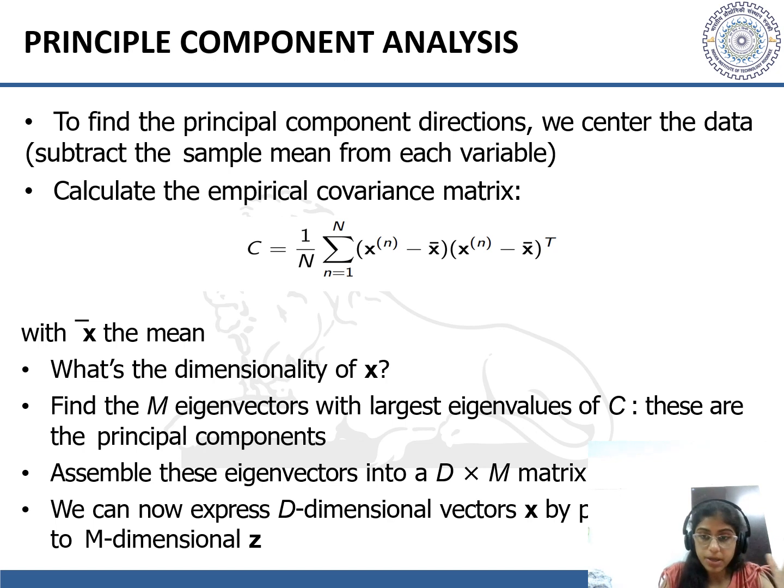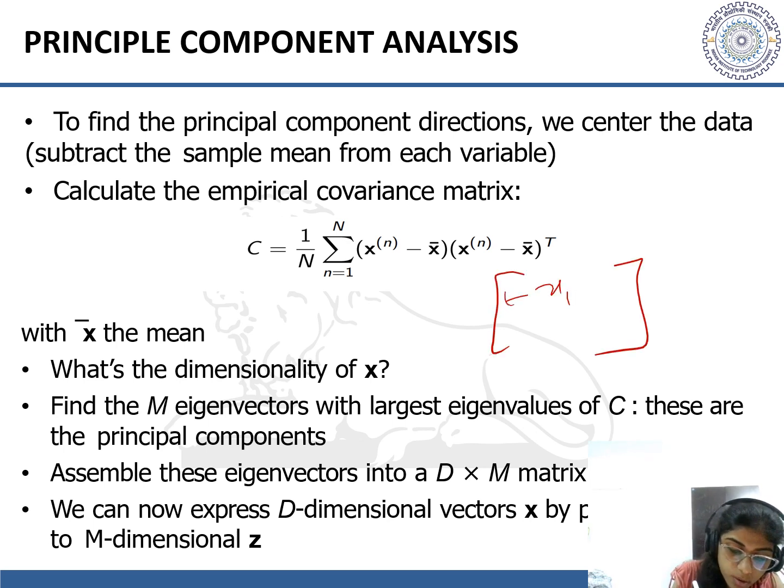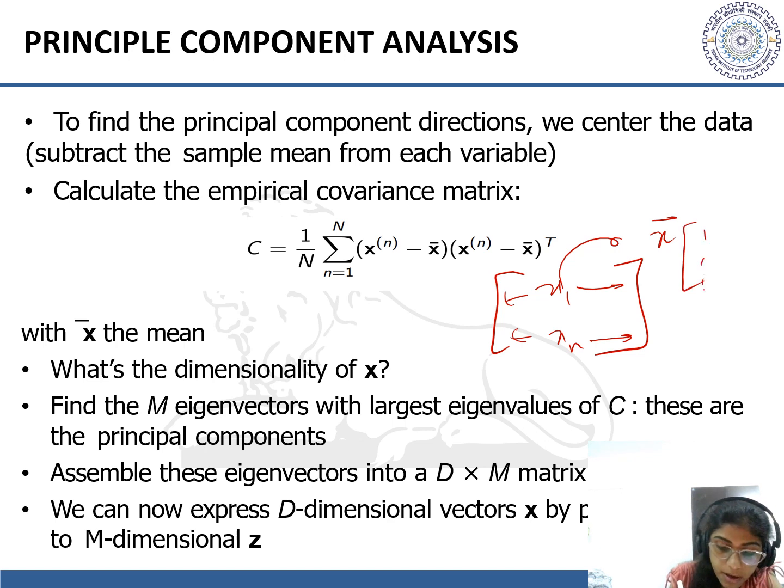Now, subtracting the mean from the matrix rows, like I have x1 to xn, I will find out the mean matrix. This is the mean matrix. I will be subtracting x bar from each xn and taking the transpose. That matrix I will be getting as a covariance matrix.